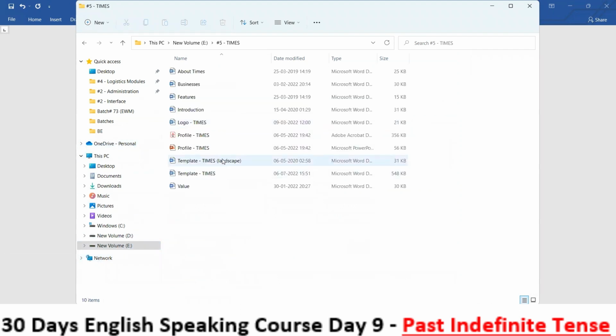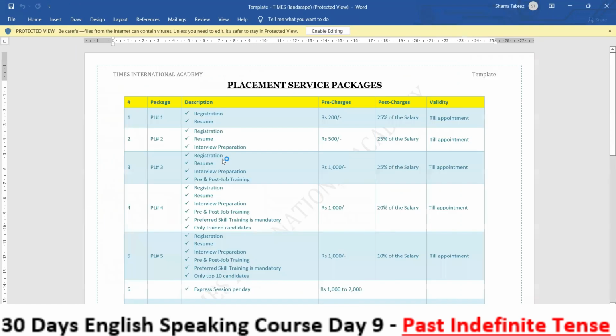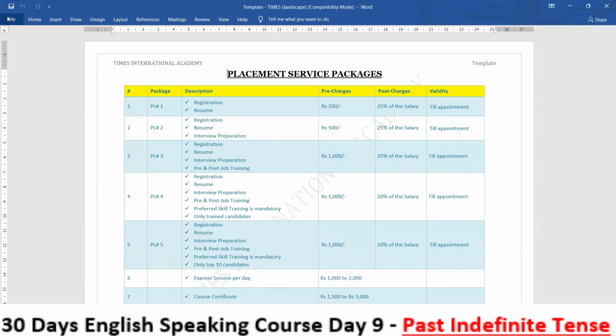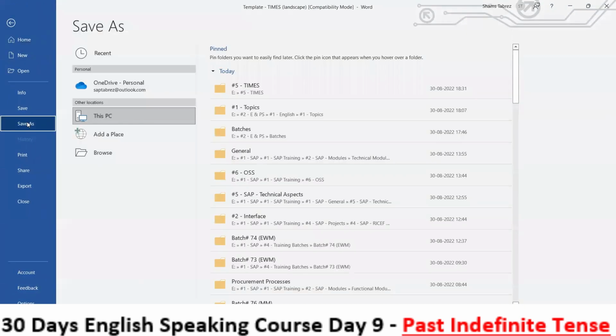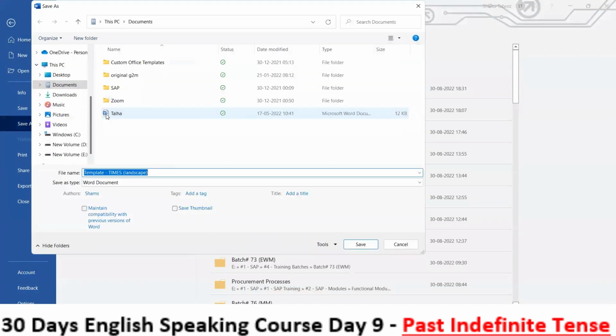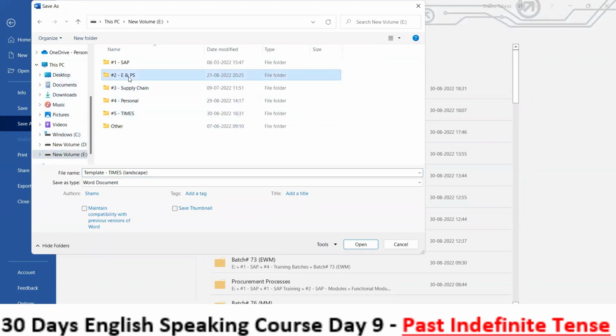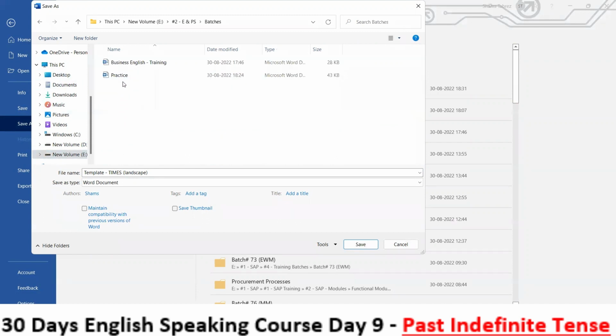So let's say landscape. Here we will do this comparison. And let's save this file as, this is for comparison.